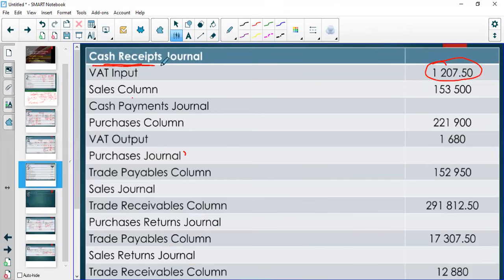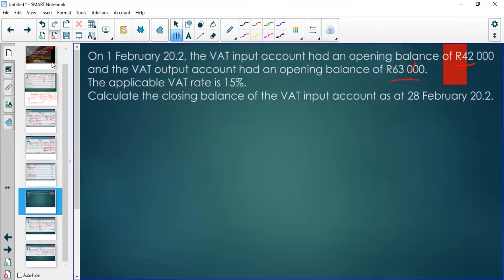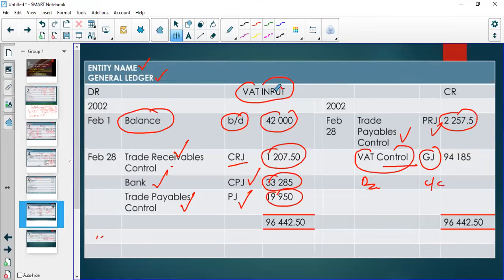So from the cash receipts, what is an expense that we got when we were receiving cash? So obviously this is settlement discount granted, right? That reduced our income. And the description there is that it's coming from the trade receivables control. So if you come to your VAT input, then you have to say your trade receivables control.